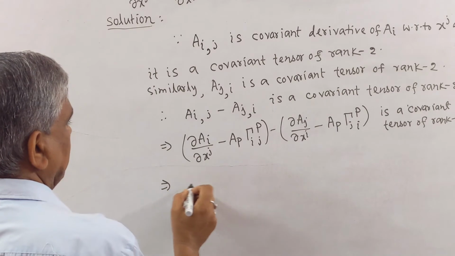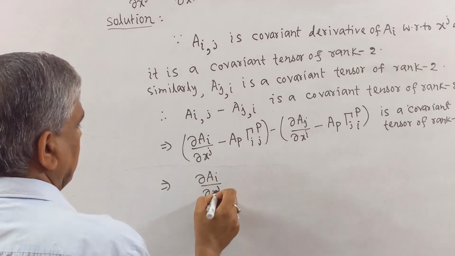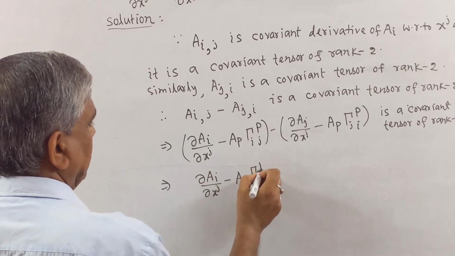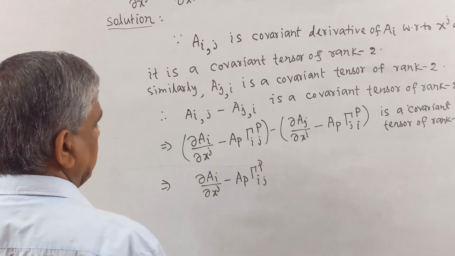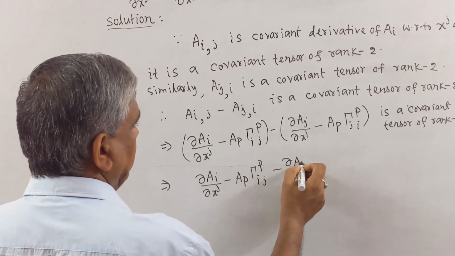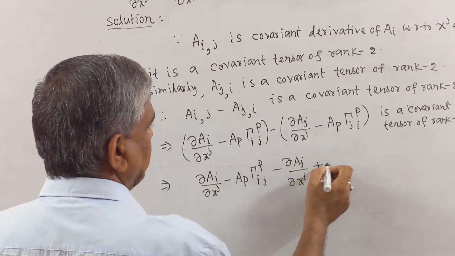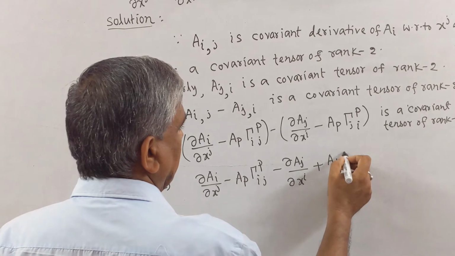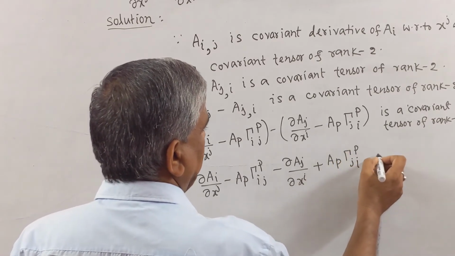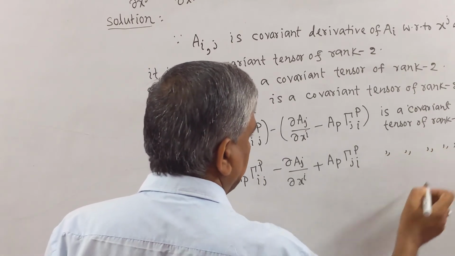Implies that ∂a_i/∂x_j minus a_p Christoffel symbol of the second kind minus ∂a_j/∂x_i plus a_p Christoffel symbol of the second kind is a covariant tensor of rank 2.